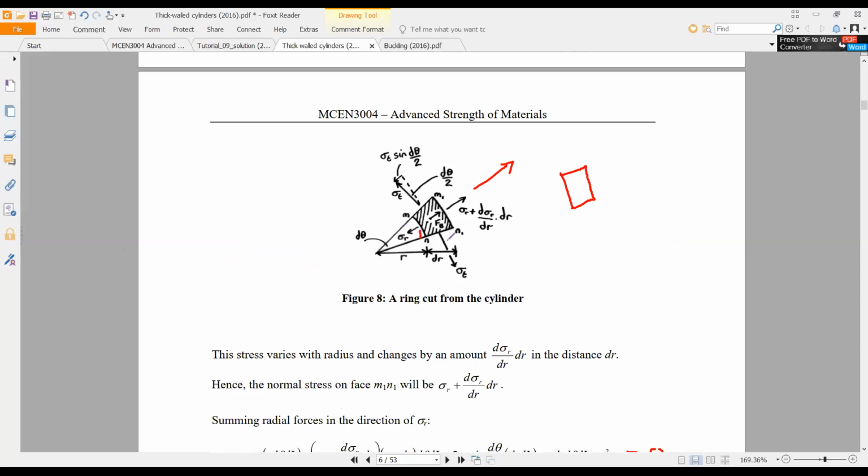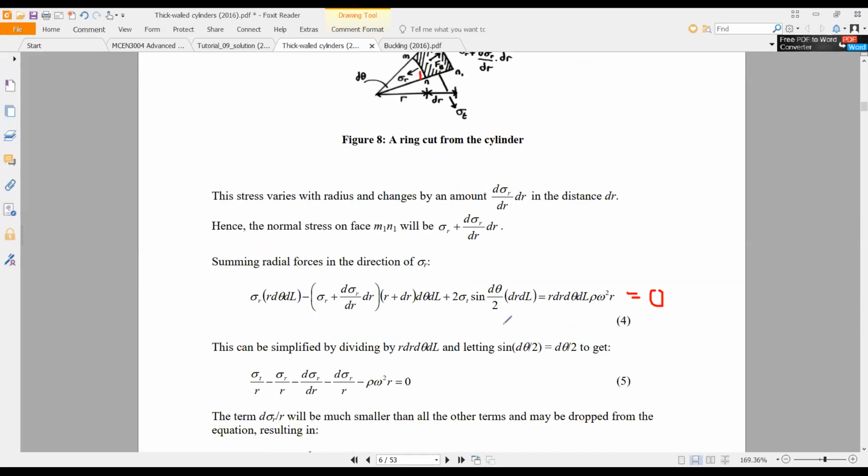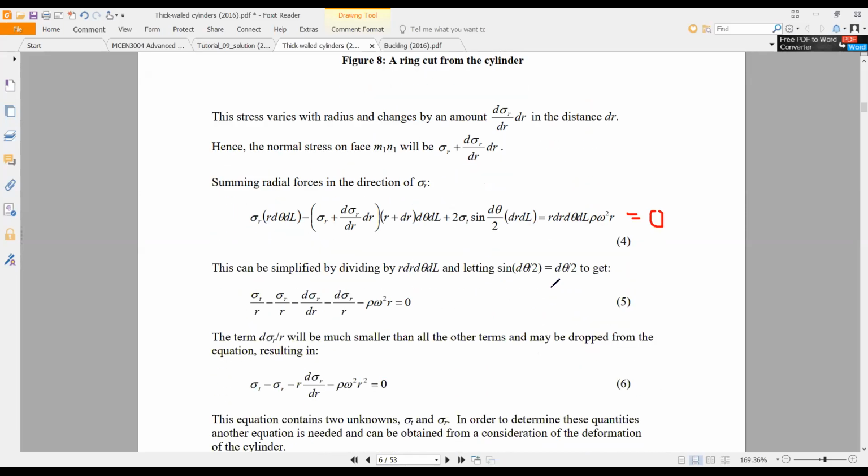In your mathematics knowledge, you already know that for a small angle, the sine value is also equal to the numerical value of the angle inside the sine. So you can replace sine d theta divided by 2 with d theta divided by 2. That is mathematical knowledge, for small angles only.